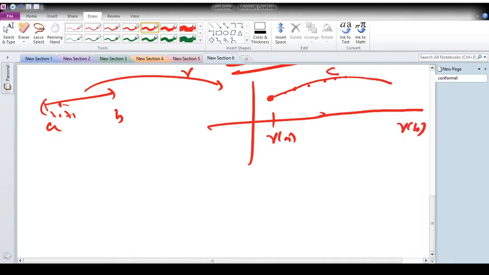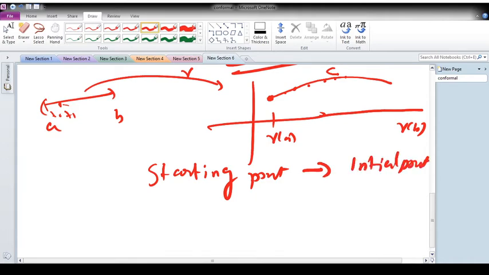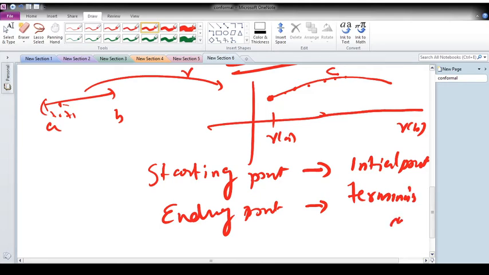This is called a curve. The starting point of a curve is called the initial point and the ending point is called the terminus of the curve.